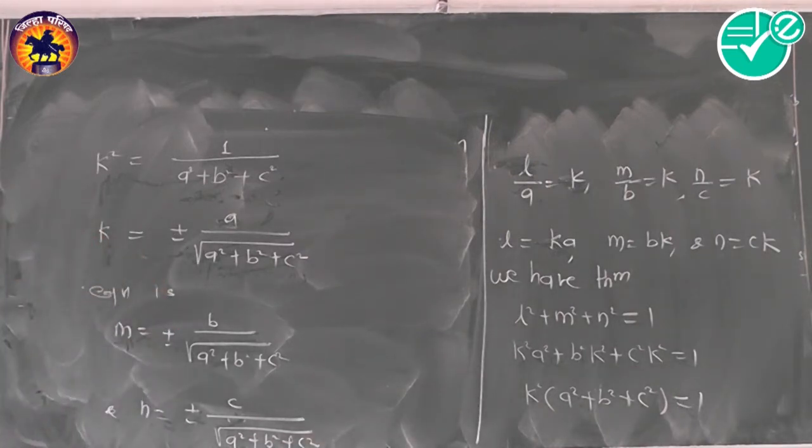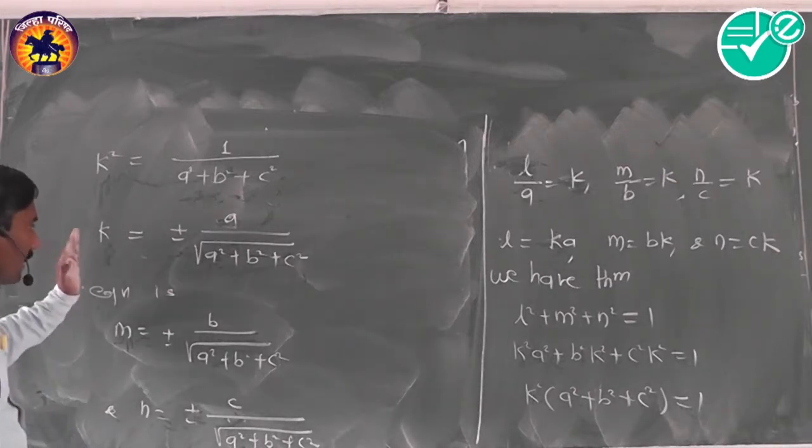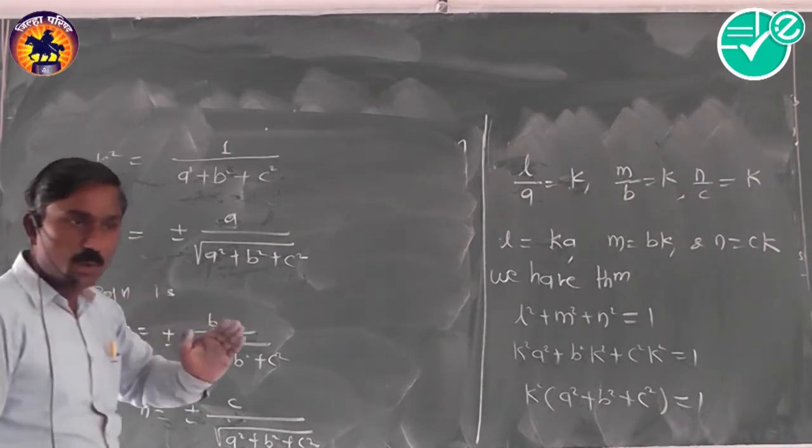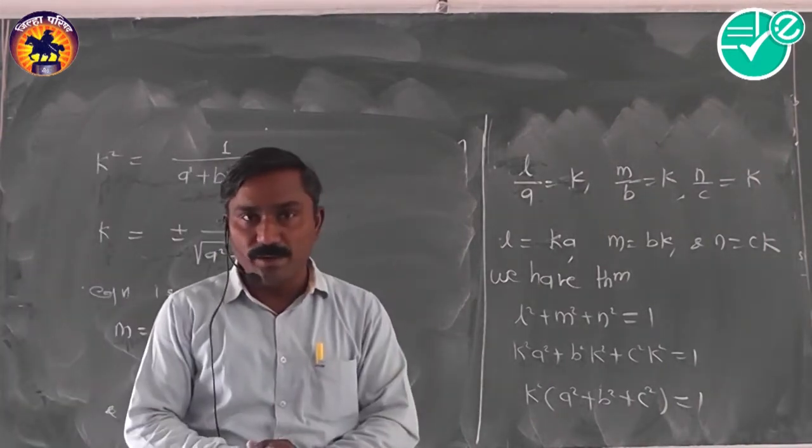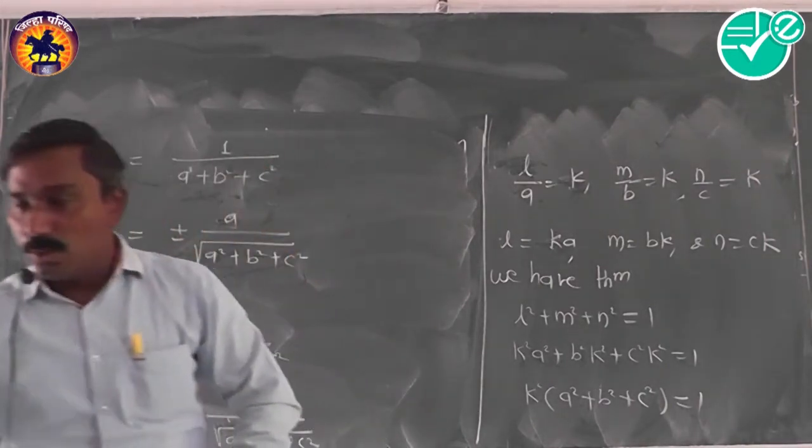So this is the relation between direction ratio and direction cosine of the line.